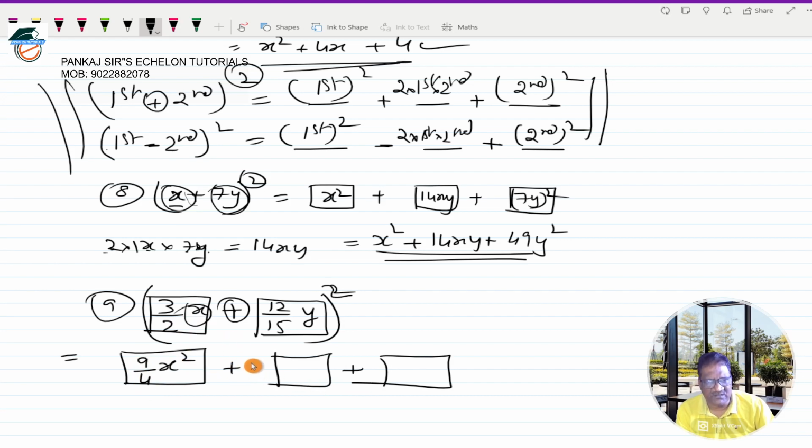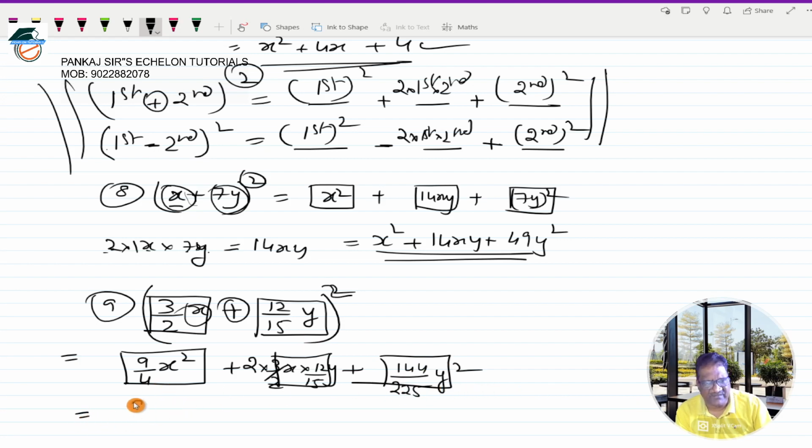In the second box I'll have 2 times the first term multiplied by the second term. So the first term is 3 by 2 x into the second term, 12 by 15 y. And in the third term I'll have the second term whole square, that is 12 by 15 y the whole square. So 12 square is 144, 15 square is 225, and y square is y square.